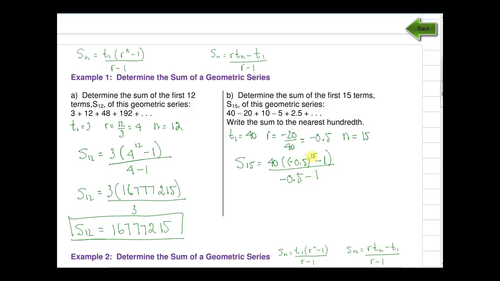Okay, so why do we put negative 0.5 in a bracket? Well, because our base is negative, we need to put it in a bracket and raise it to the power to show that we are not only going to raise the 0.5 to the 15th power, but also the negative. And it makes a difference, especially when your exponent is an even number.